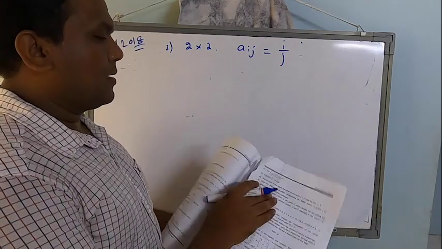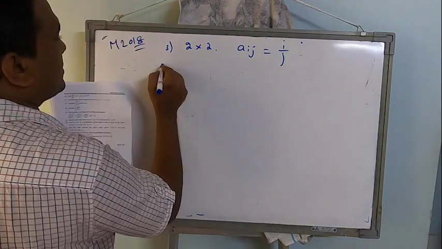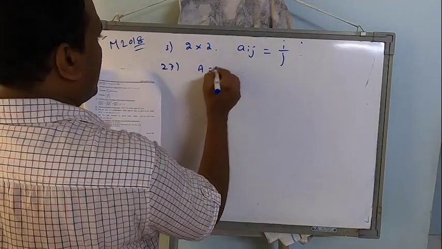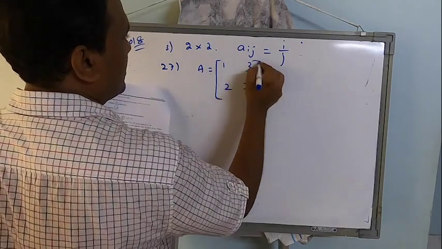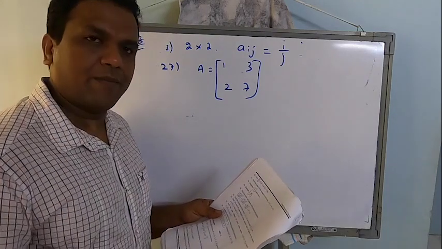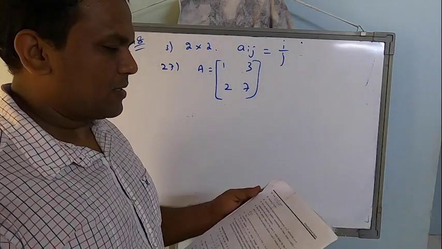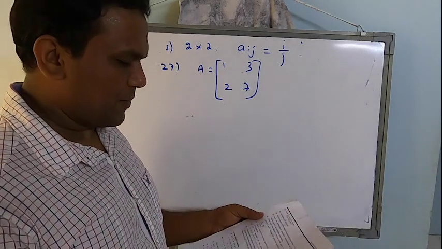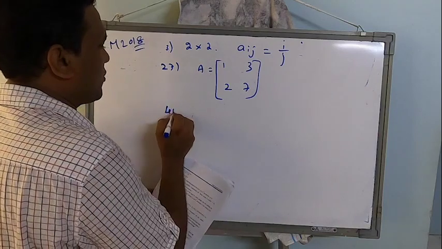And in the same year, let's see what is in 27. Find the inverse of the matrix by using elementary transformation, 1, 3, 2, 7. As usual, the same place, same problem. Maybe the matrix is different, but the procedure is still the same. Correct, right?